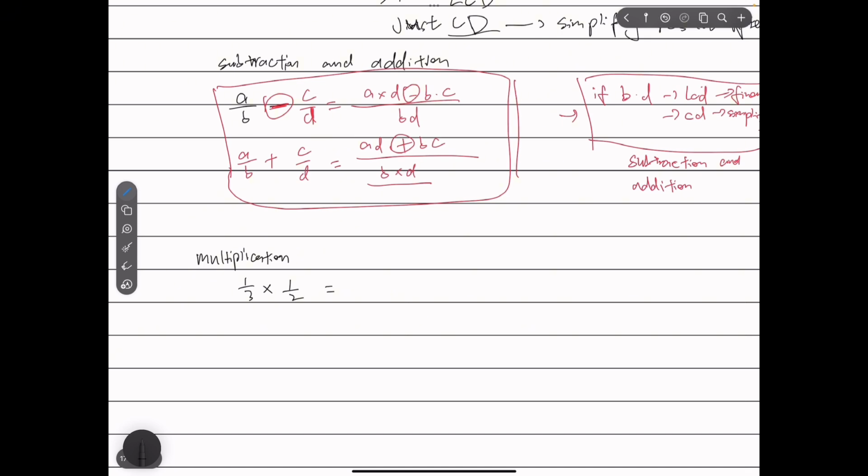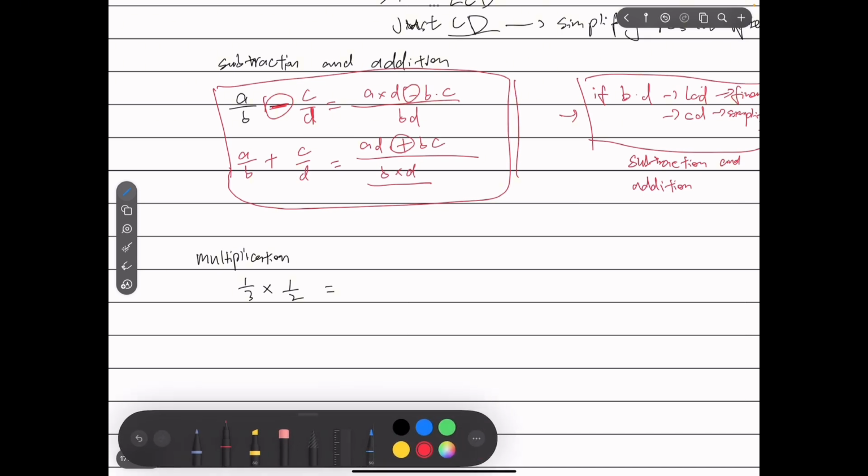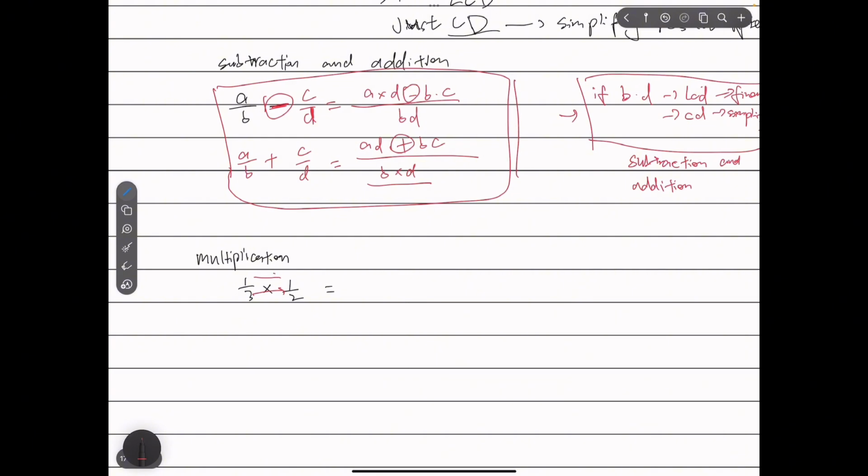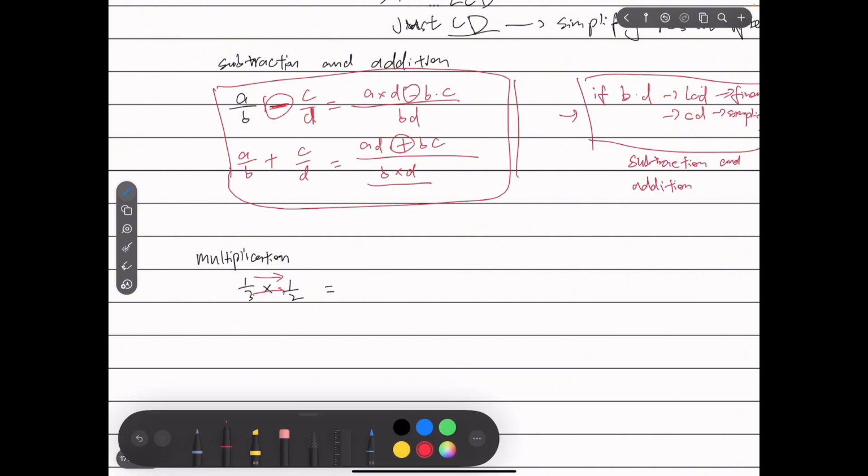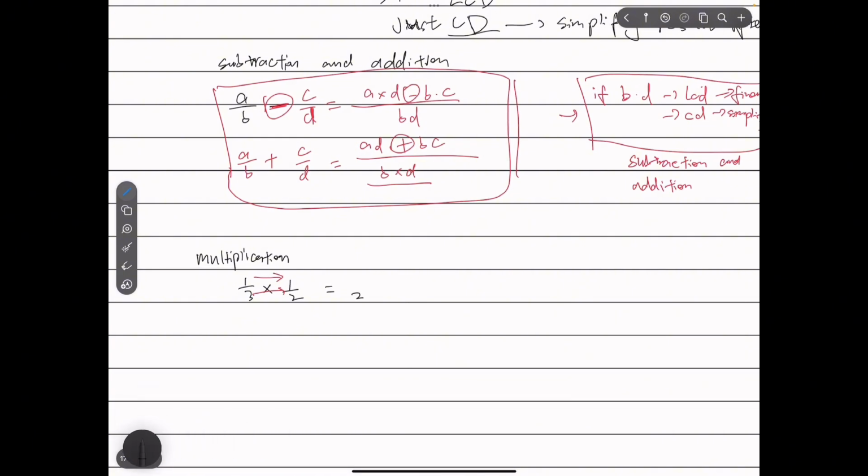The rule is top times top, bottom times bottom. So that will be 3 times 2, 1 times 1. That will give us 1 over 6.